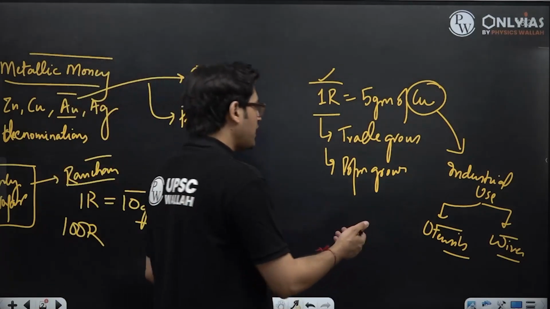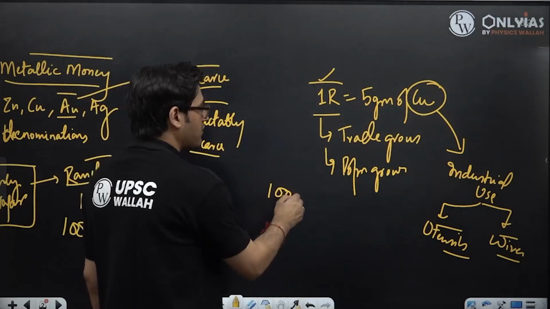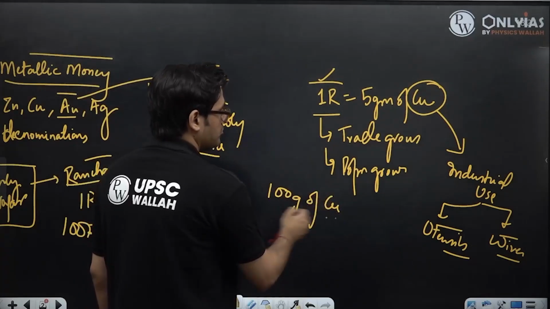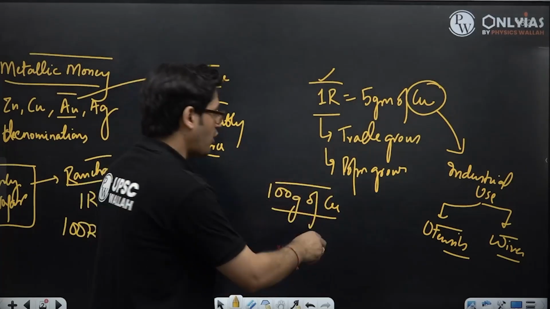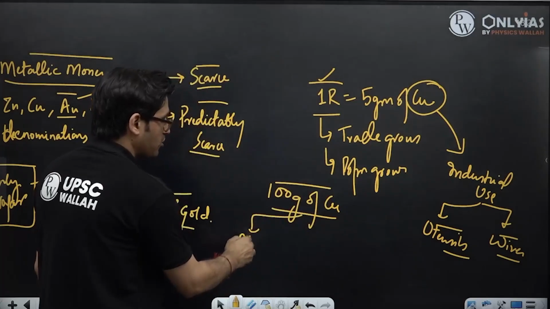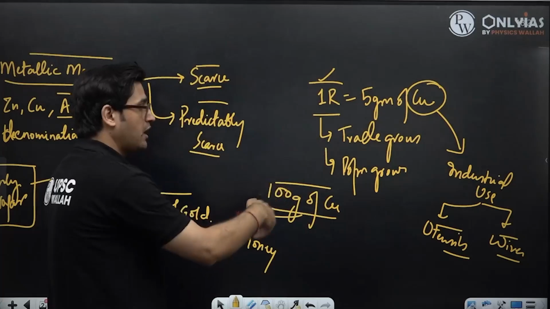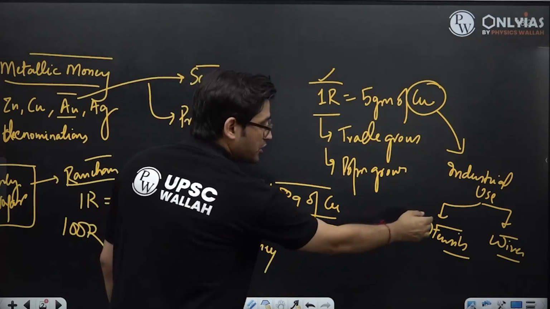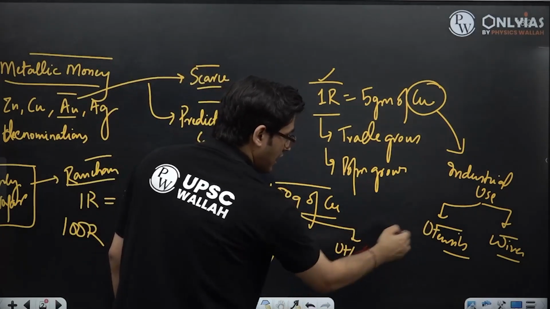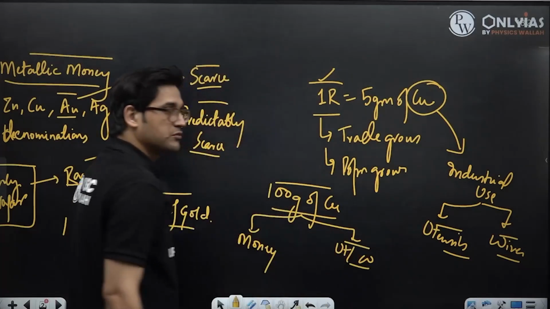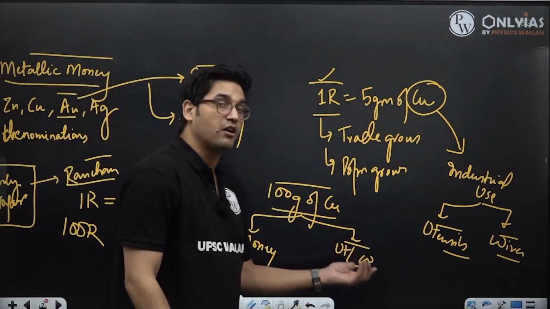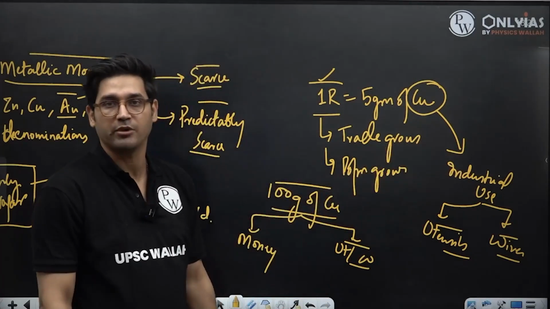Imagine that in an economy, every year they discover 100 grams of copper. Out of 100 grams of copper, some grams are going to go towards the money function of it, from which coins will be minted, and some of the copper is going to go towards making utensils and wires. Imagine we discovered one more use of copper now.